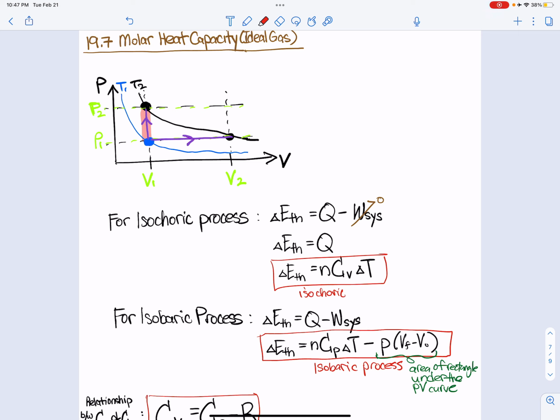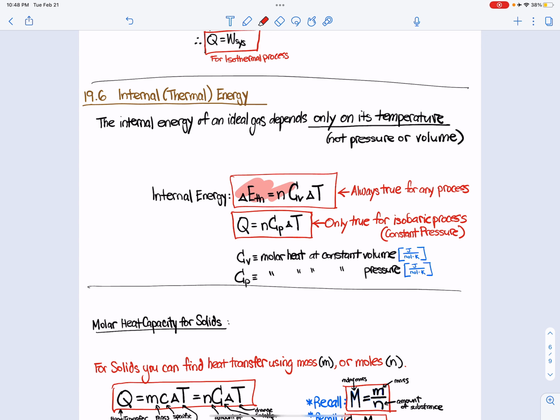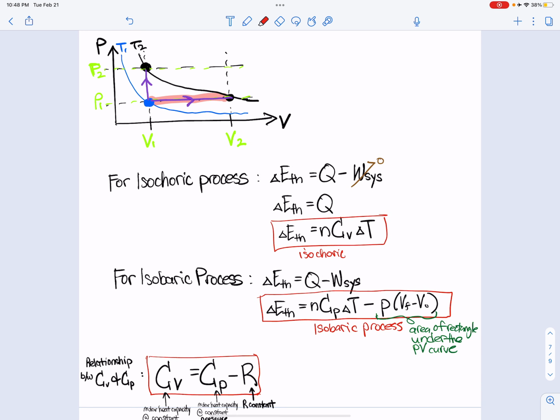So the change in thermal energy is equal to Q. And remember, the change in thermal energy is equal to n, or moles, times molar heat capacity at constant volume, CV, times change in temperature, delta T. That is true for any process, as we talked about in 19.6.